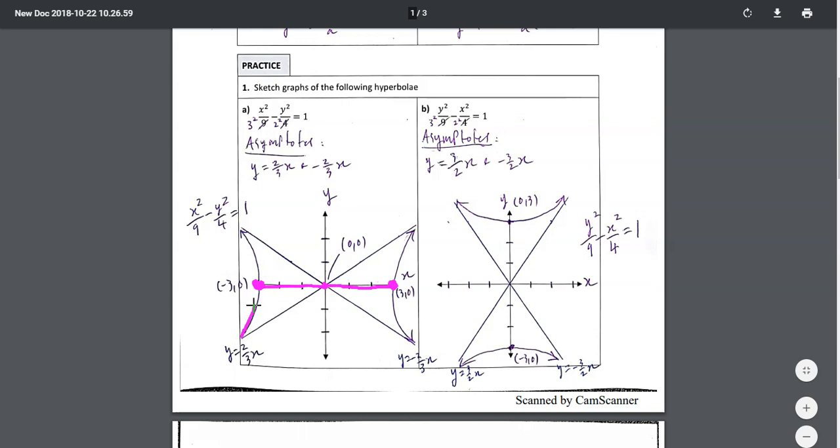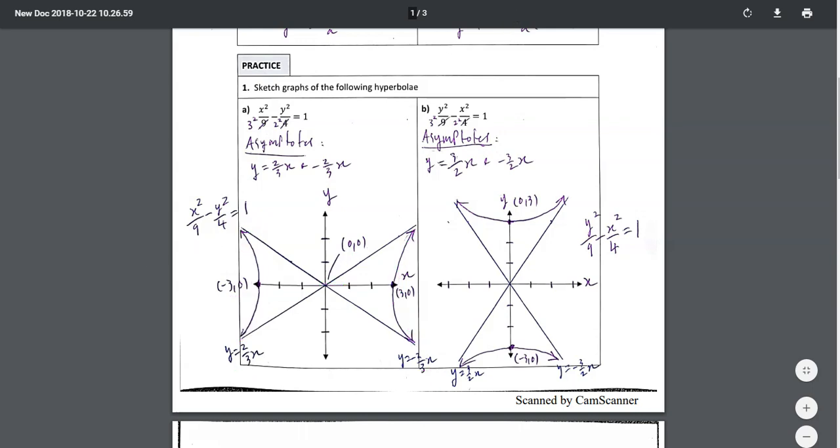So I'm going to get a line like this with an arrow here saying I'm approaching that line forever but never quite touching it, and the same down there, and you do the same over this side as well. Okay? And make sure you label the equations of the asymptotes, the overall equation of the hyperbola, the coordinates of the foci, and the coordinate of the origin.